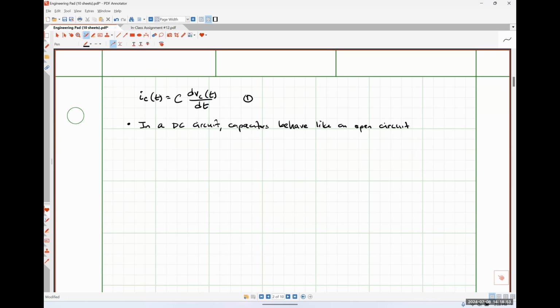And we can understand that by looking at this mathematical relationship. If the voltage isn't changing, the current flowing through the element is fixed at 0. So in an open circuit, we know that no current can flow through it while any voltage can appear across its terminals. So that effectively exactly describes a capacitor when there's no change in the voltage.